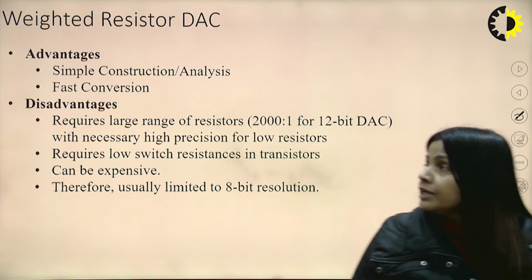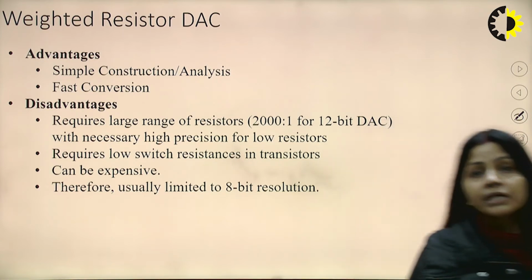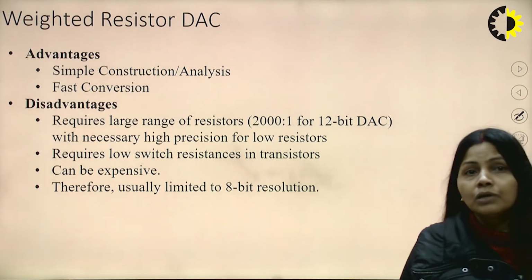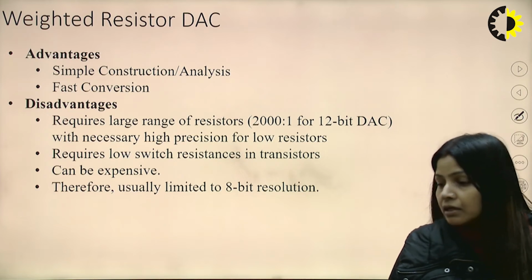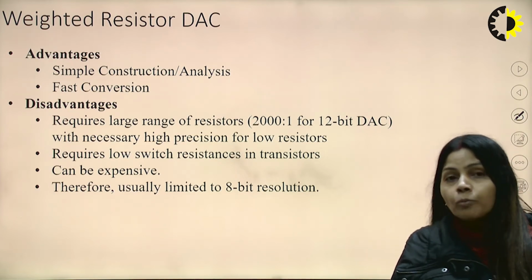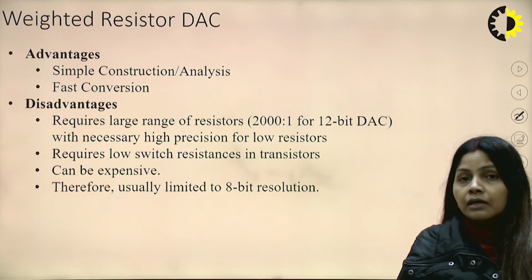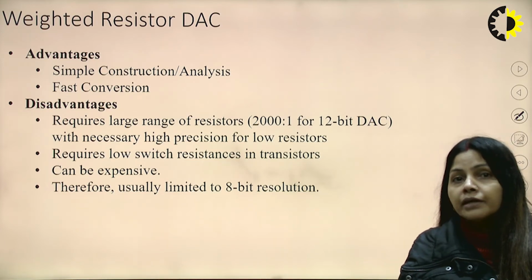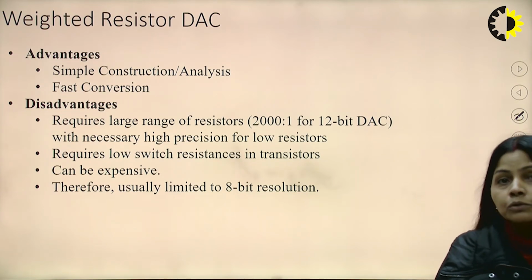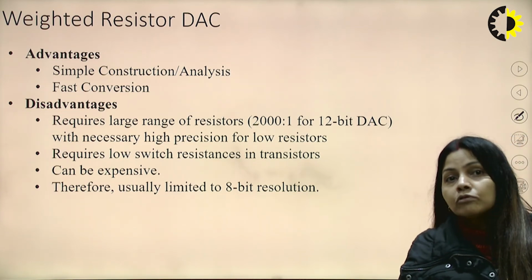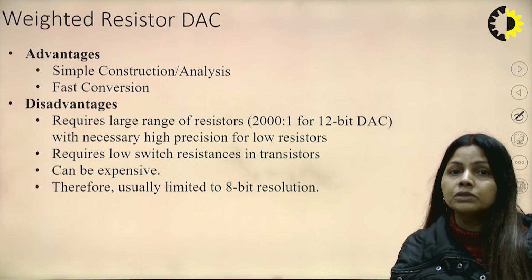Now the advantage is the simple construction. The only disadvantage is that we need to use so many resistance values like R, 2R. If the R value is 1 ohm, then we require 1, 2, 4 ohms, then 8 ohms and so on.